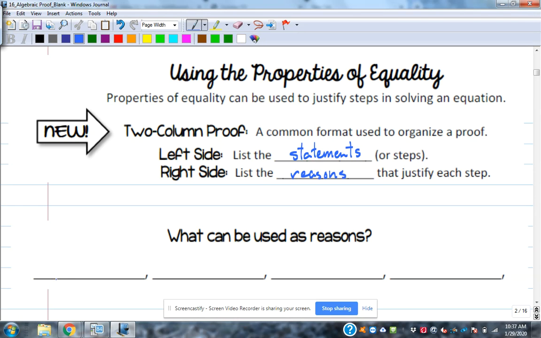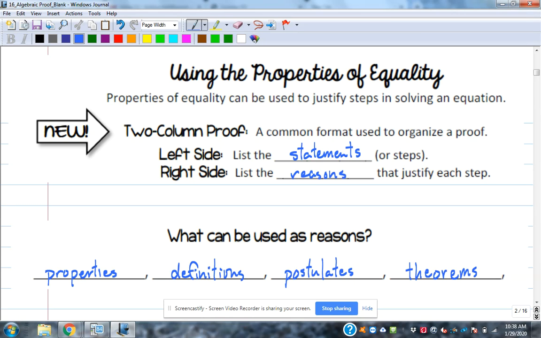Things that can be used as a reason are properties, definitions, postulates, which we haven't talked a whole lot about, and then sometimes we can use theorems. We haven't got into a whole lot of those yet, but postulates and theorems are things that we'll get into when we start doing the geometric proofs. We'll start talking about postulates and theorems.